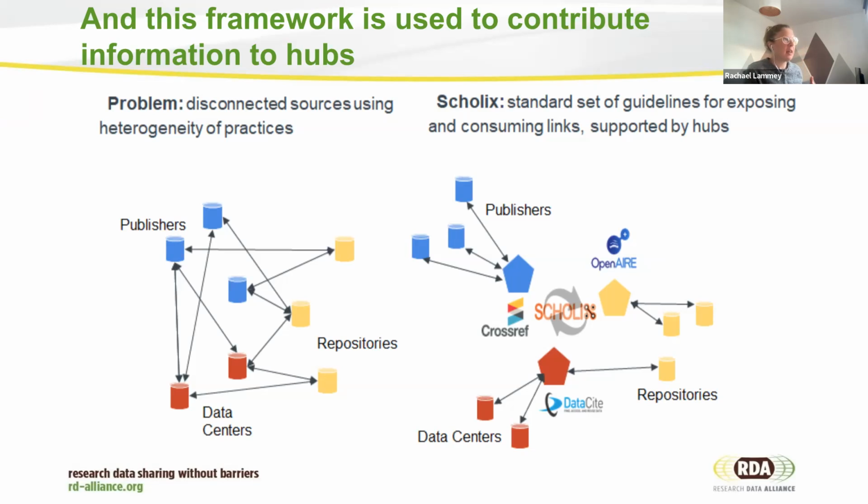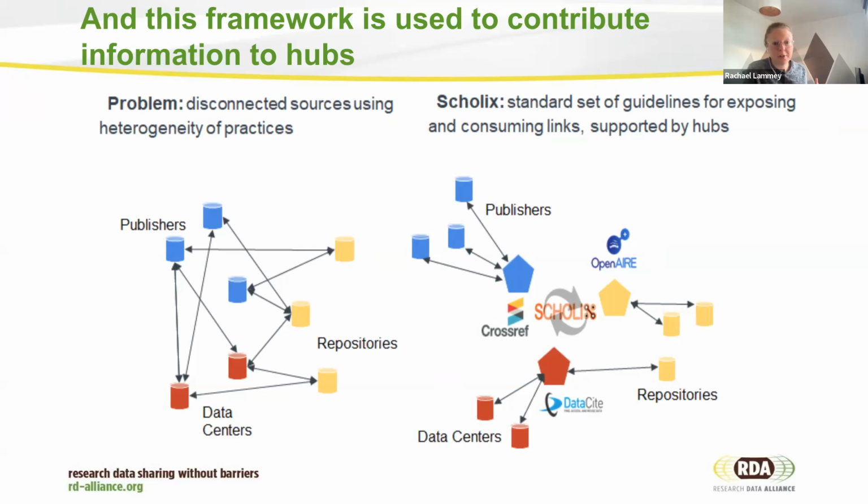So having a standard set of guidelines for exposing and consuming the links, supported by hubs like Crossref, DataCite, OpenAIRE, means that repositories, data centers, and publishers can all feed that information into the hubs that they work with, as their communities. And then as one of those hubs, we can share it with the community.